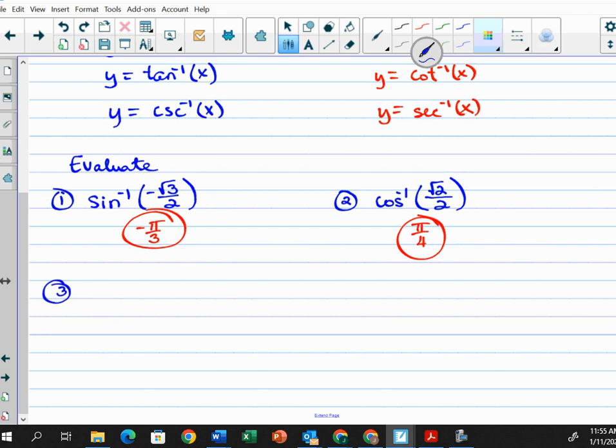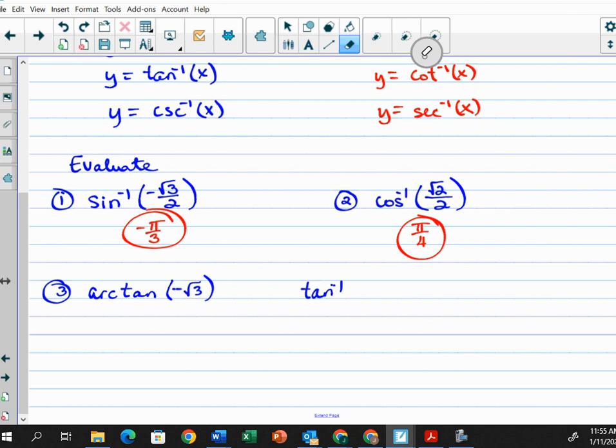All right, another way to write inverse. This means the exact same thing. If you see arc, it means the same thing. Arc tangent is the same as if I had written inverse tangent. You are going to see both of them on your homework, so I don't want you to get to your homework and go, what is this?